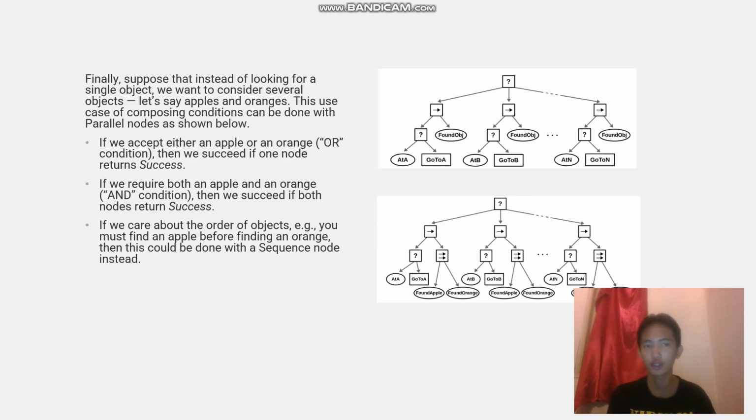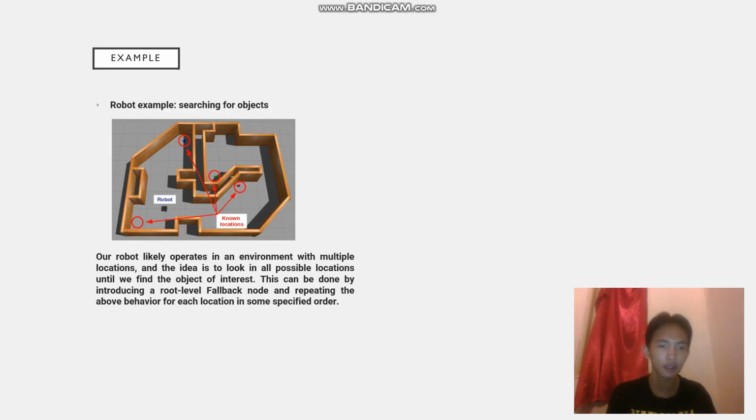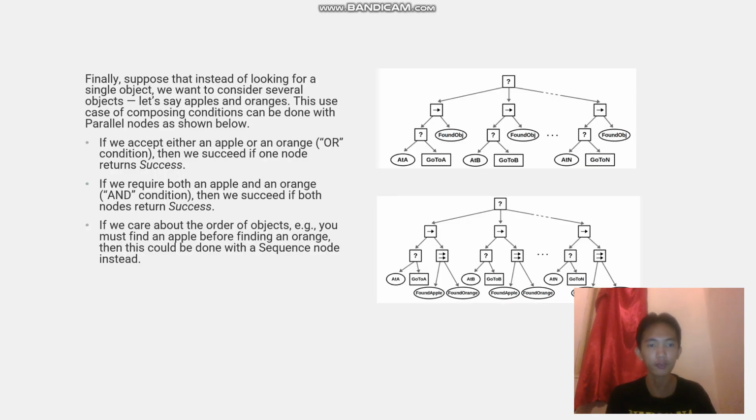Finally, suppose that instead of looking for a single object, we want to consider several objects, let's say apple and orange. This use case of composing conditions can be done with a parallel node as shown below. If we accept either an apple or an orange as the condition, then we succeed if one node returns success.